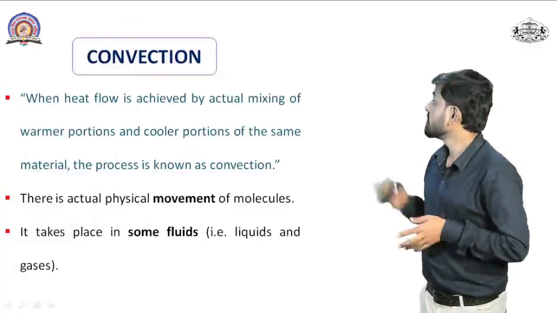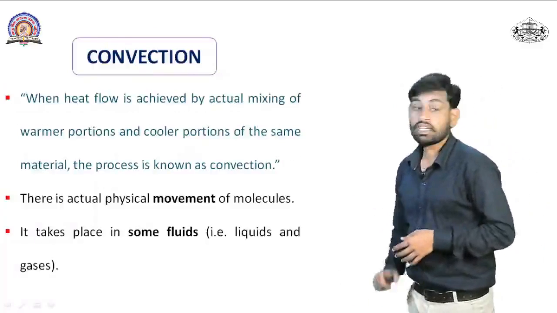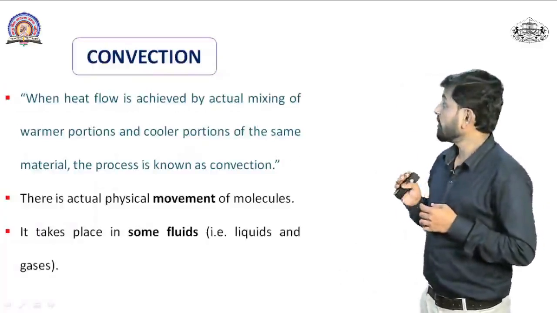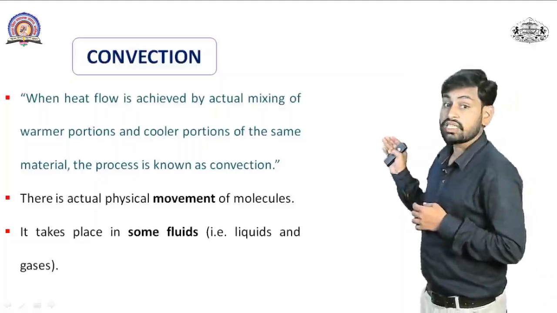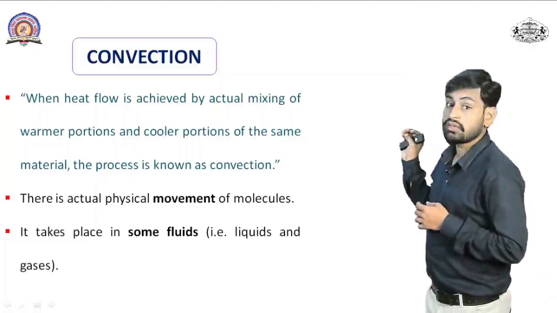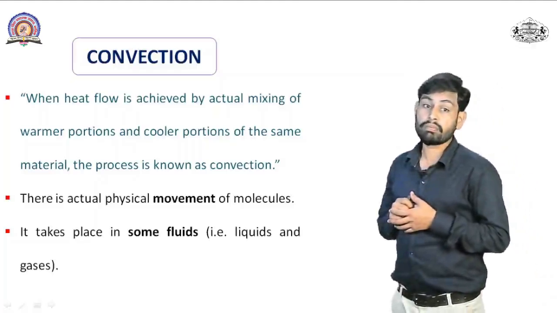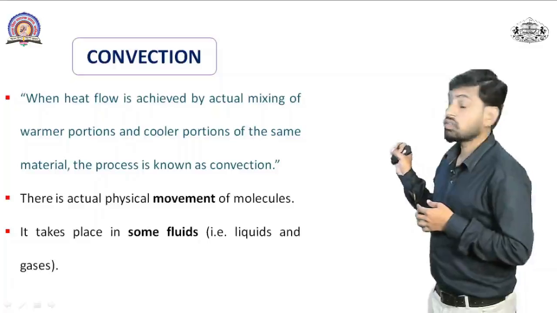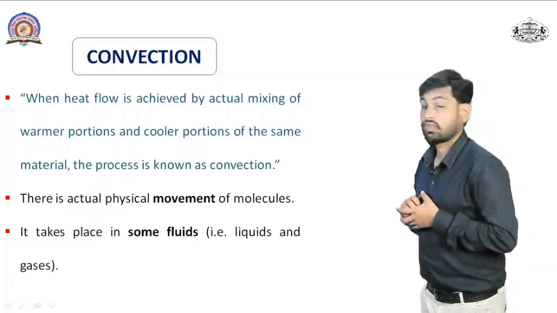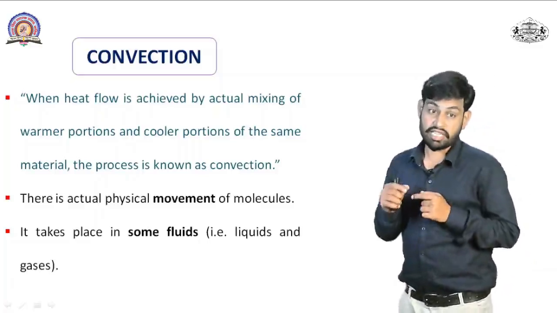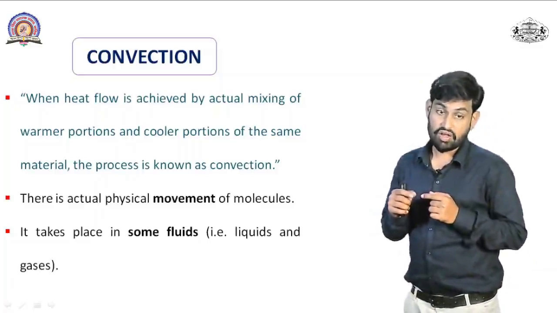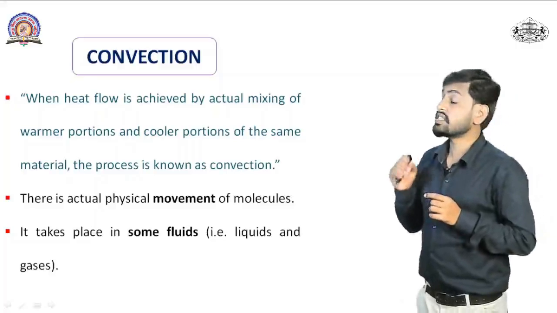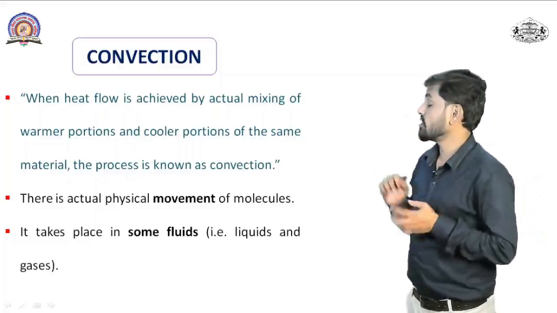Now, I discuss the second type of heat transfer, convection. When heat flow is achieved by the actual mixing of a warmer portion and a cooler portion of the same material, the process is known as convection.